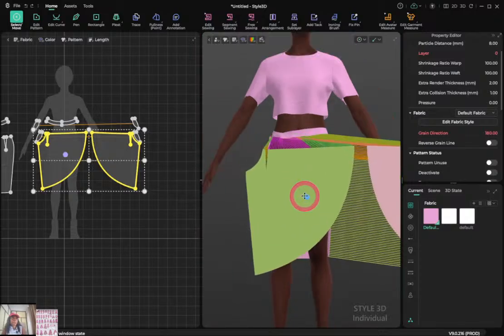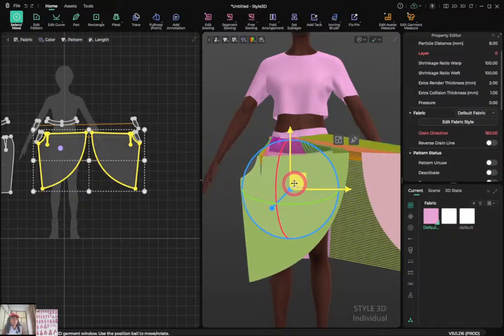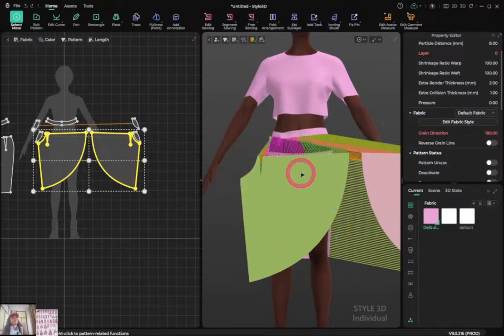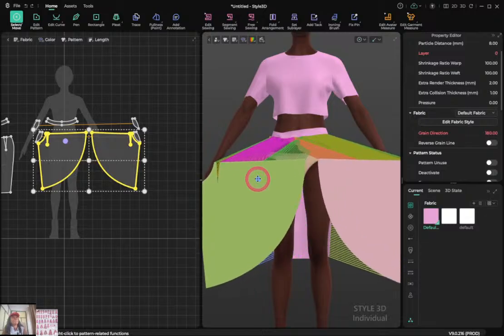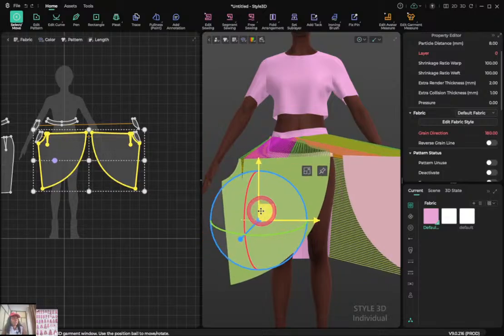Only thing I have to do is to push. No, this one.